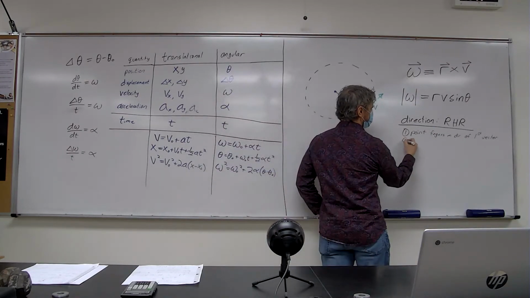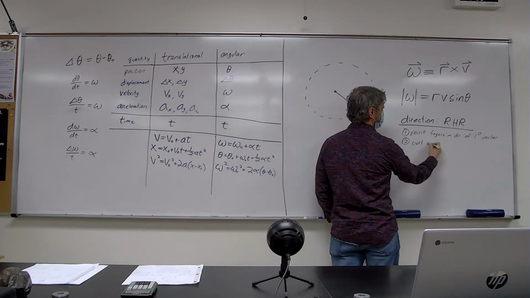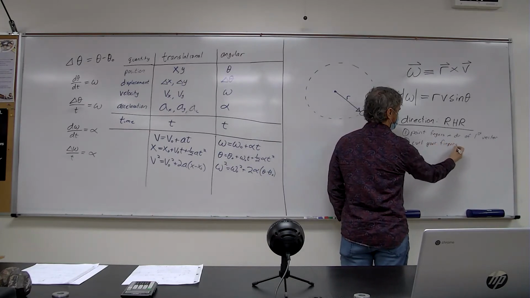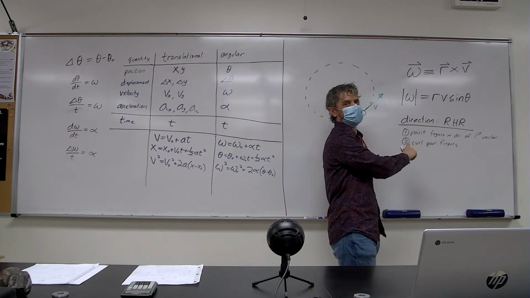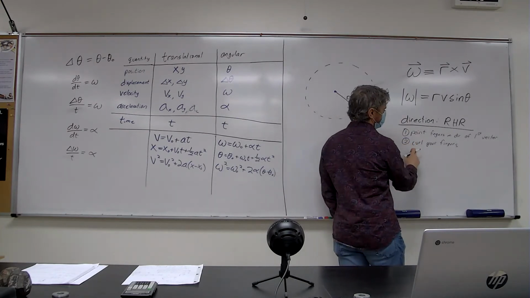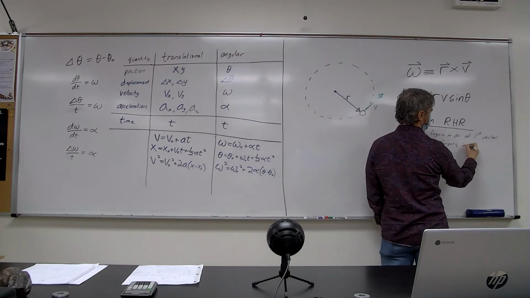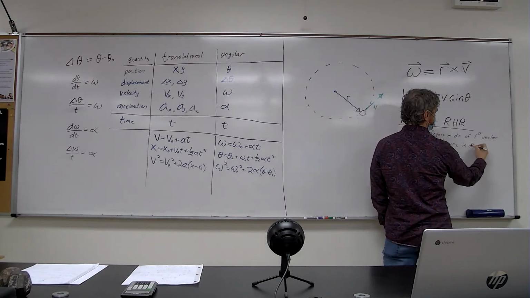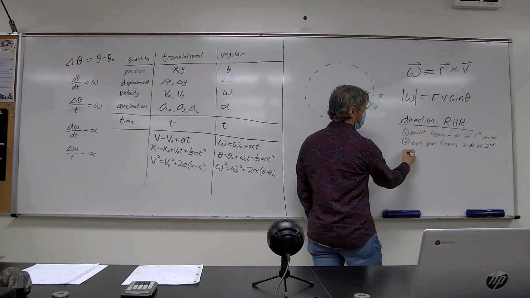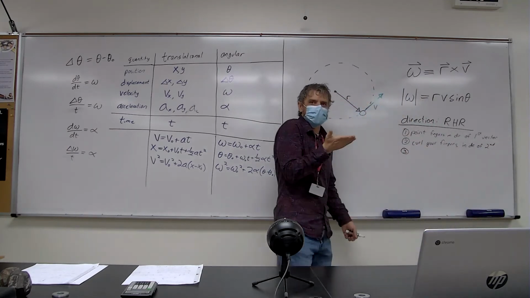Your second step, you curl your fingers. By the way, curl is going to be another operator that we'll talk about in this class, but you'll really delve into when you get to college. You curl your fingers in the direction of the second vector, and you maintain the same direction.